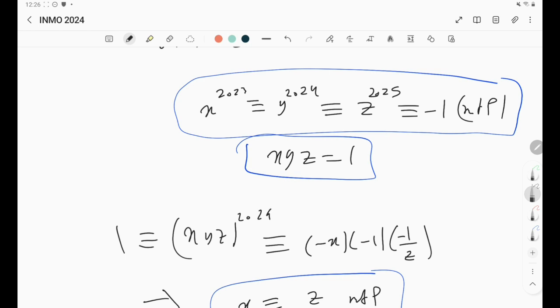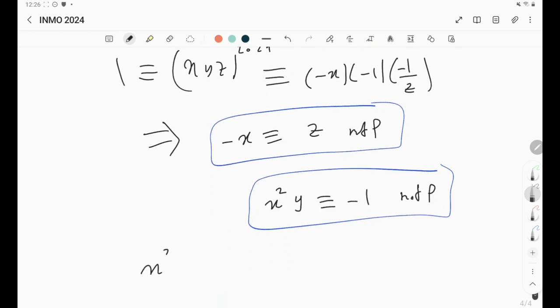So now we have that x to the 2023 is congruent to negative x to the 2025. Clearly, we can cancel the x to the 2023 on both sides. We can just see that x squared here is congruent to negative 1 mod p. Okay, this is very good.